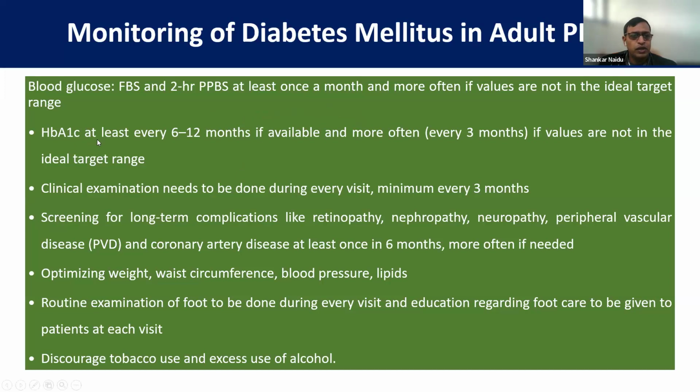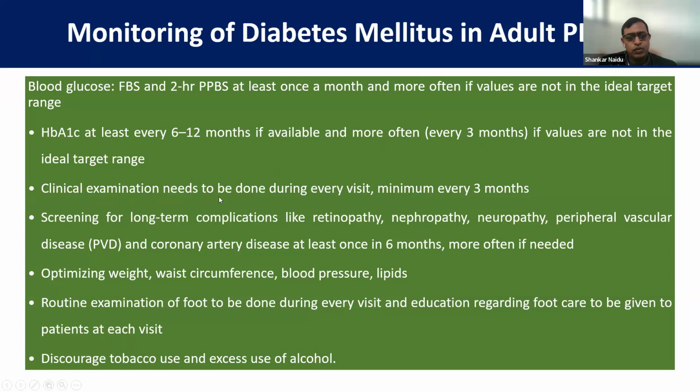Then HbA1c at least 6 to 12 monthly if the patient is well controlled, or as early as 3 months if the patient does not have good control. There is no additional advantage of measuring it every month because the changes in HbA1c would take some time to reflect. So once every 3 months should be enough in those patients who are not well controlled.